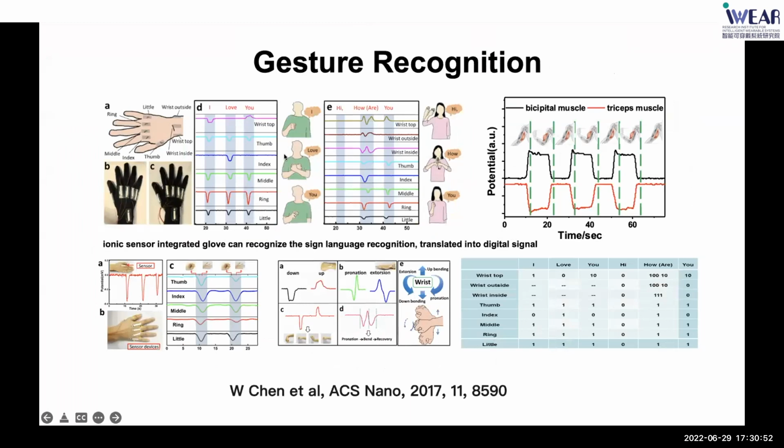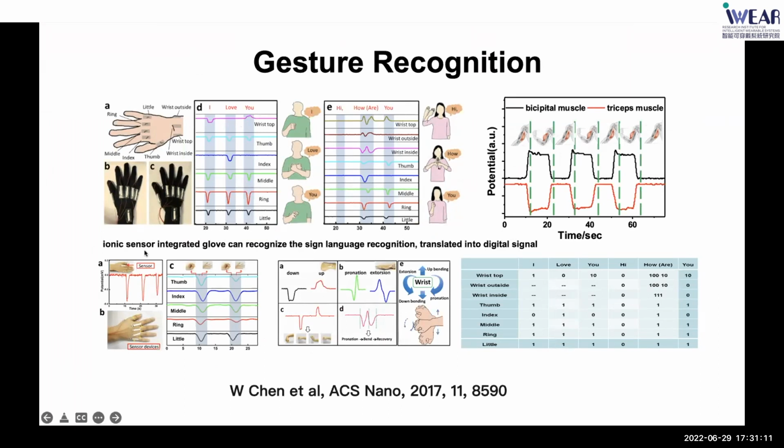Here is an example. If we integrate this ionic sensor into a glove, we can easily recognize sign languages and translate them into digital signals.